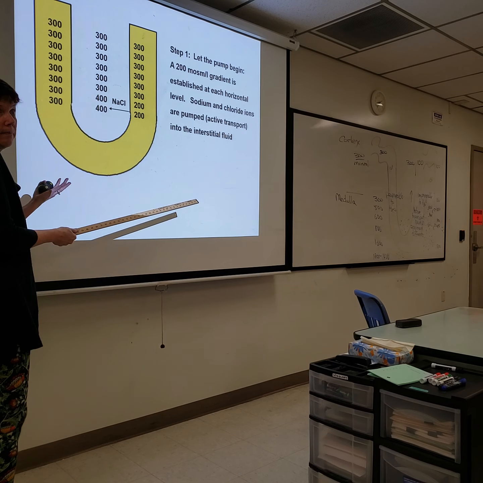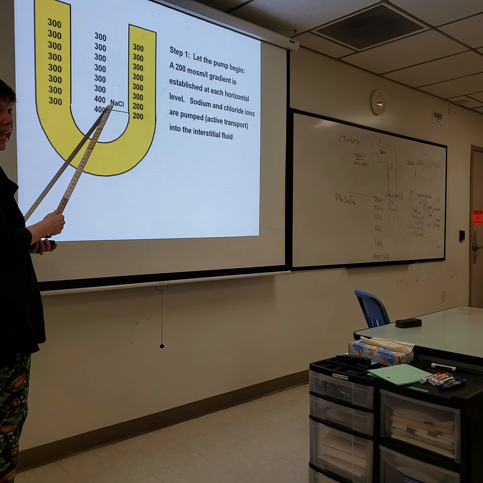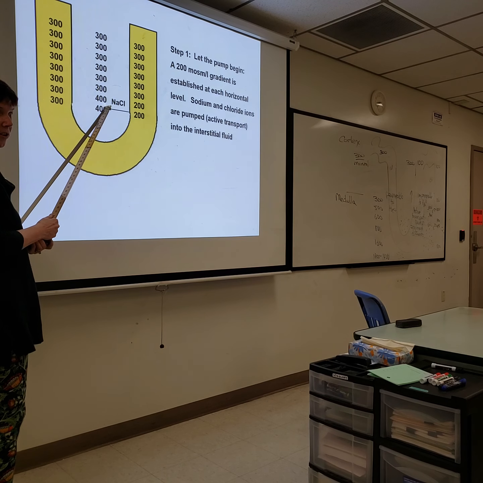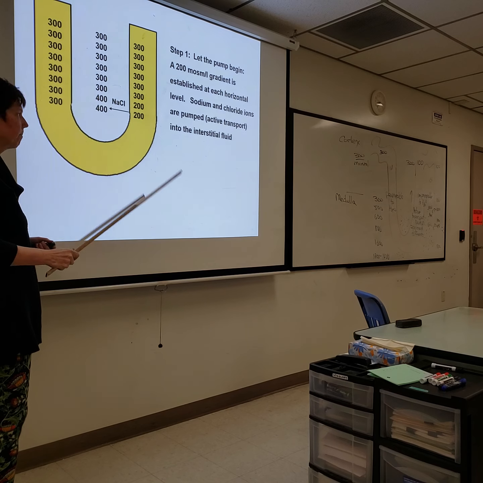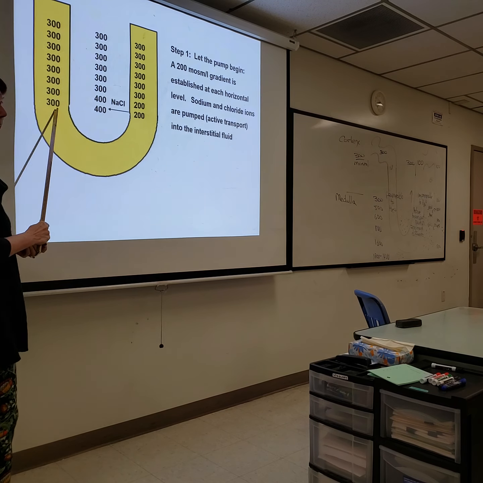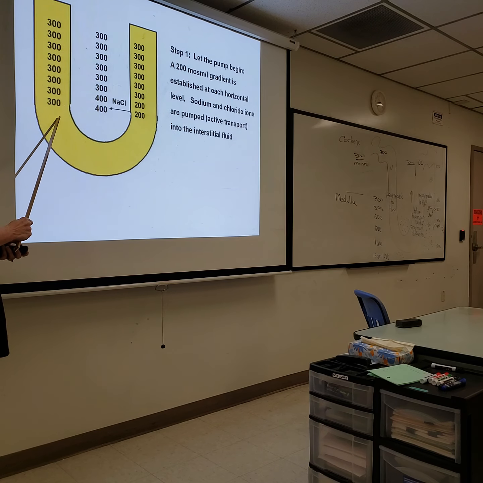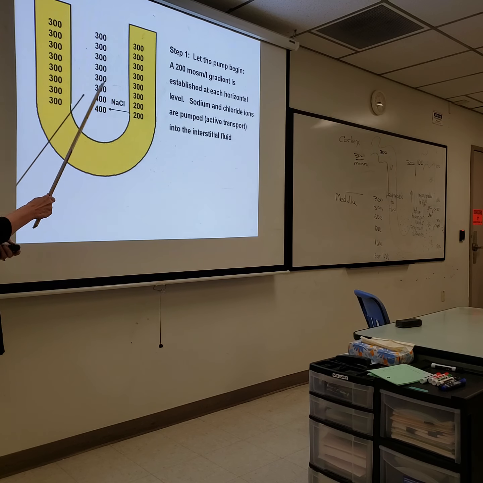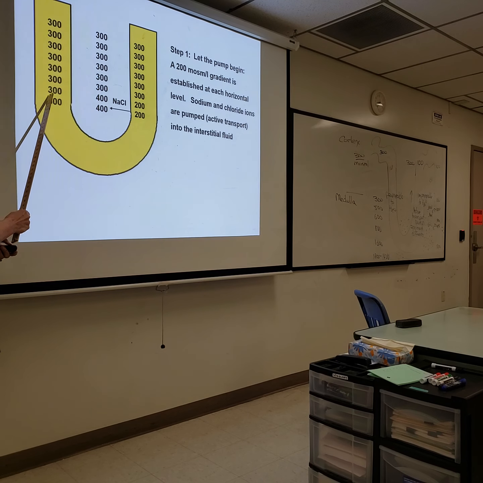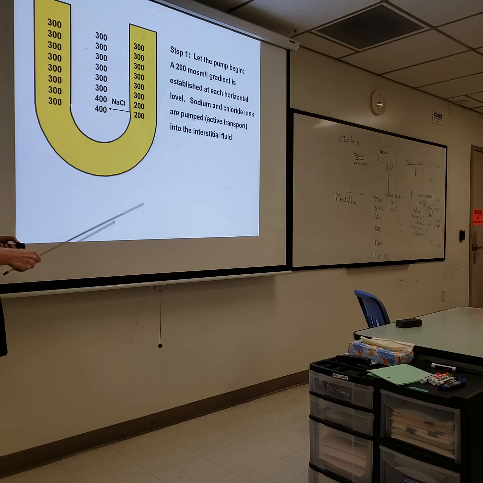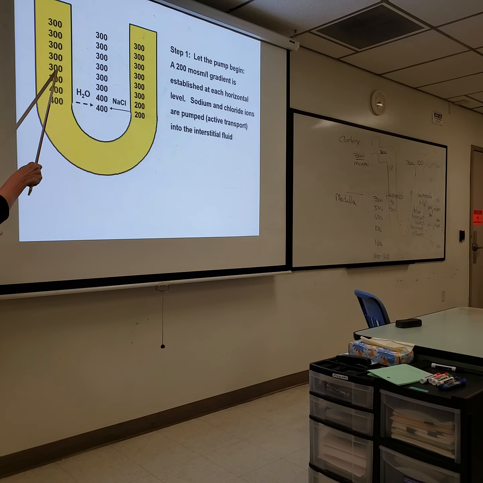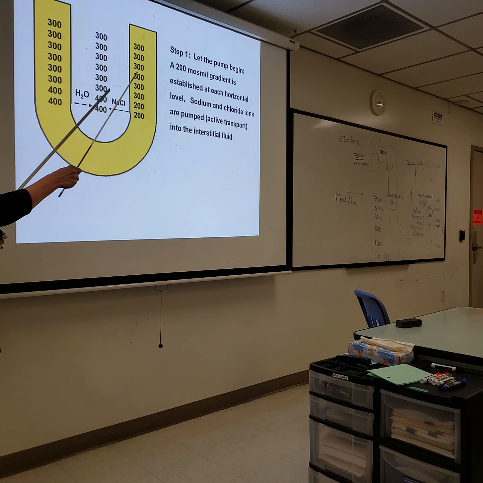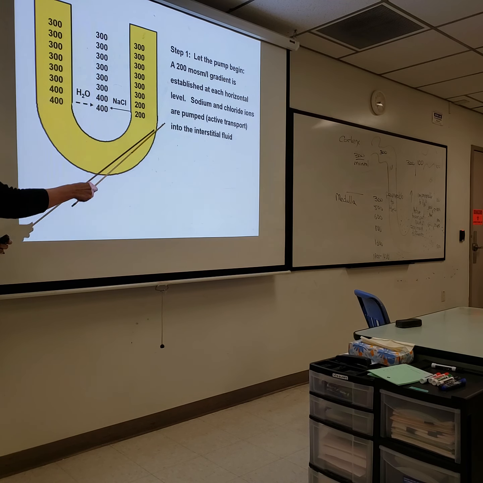But because water can't leave, this becomes more particle rich and this becomes less particle rich. All right? Now, remember I said water can leave this side? So this is higher than this. So now water is going to get pulled out to this one. Notice we're making this more concentrated while this gets more dilute.